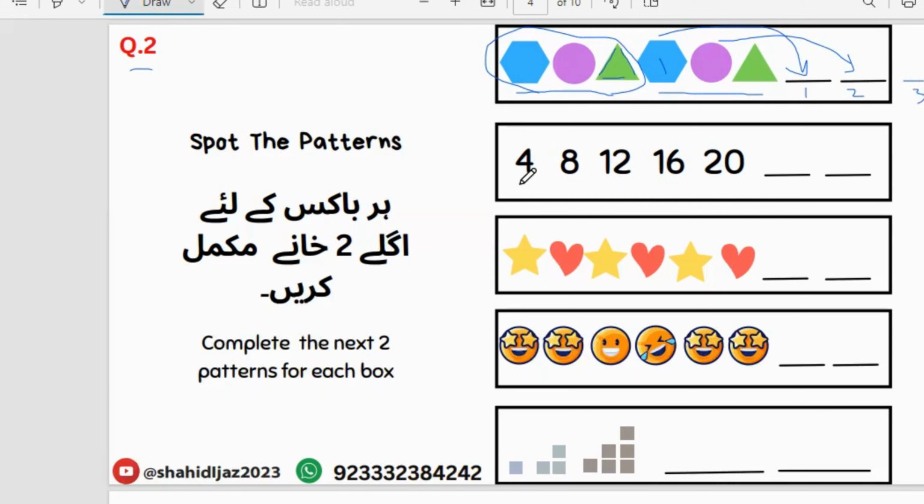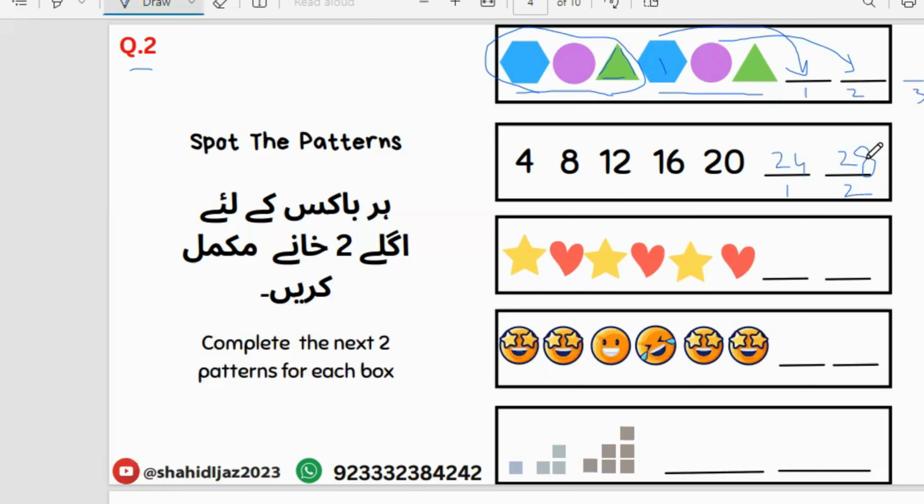Can you find the pattern of these two empty places? Sir, 24, 28. 24 and 28. How did you find this pattern?